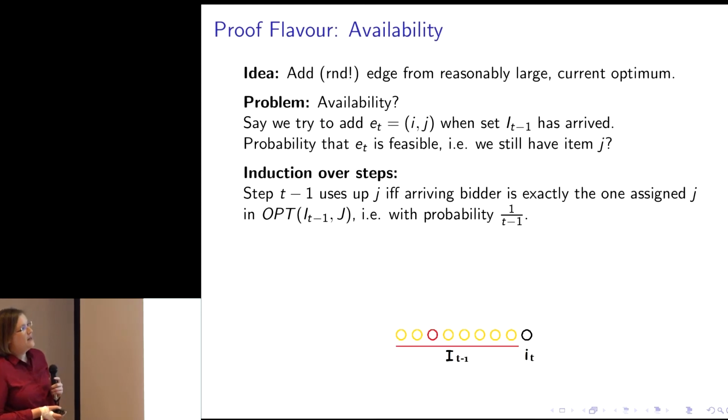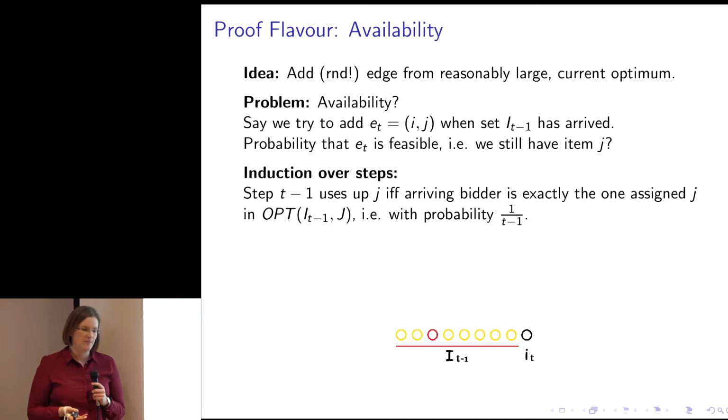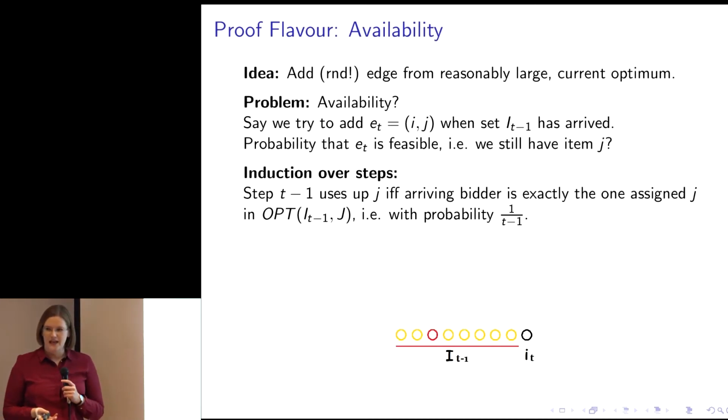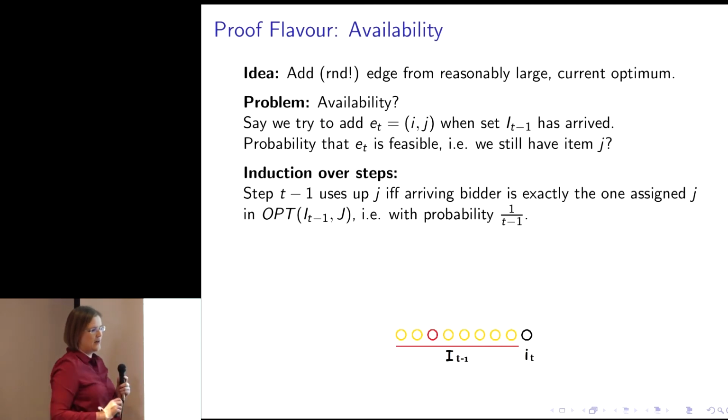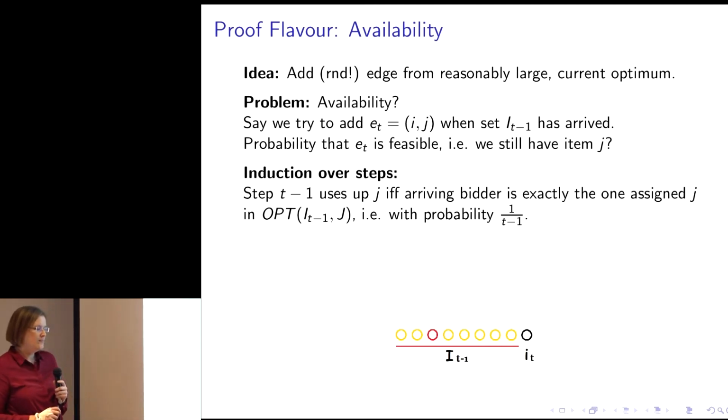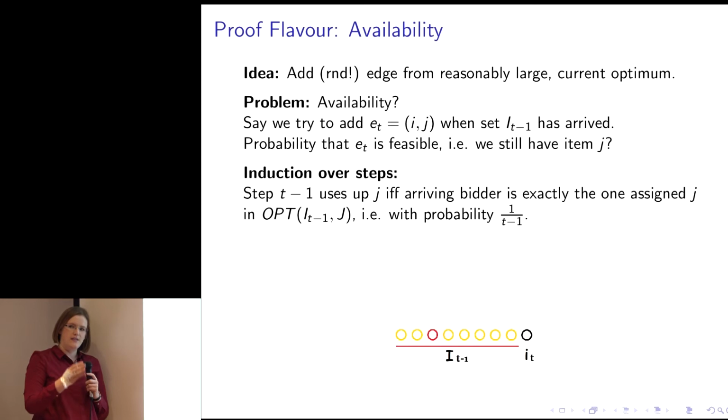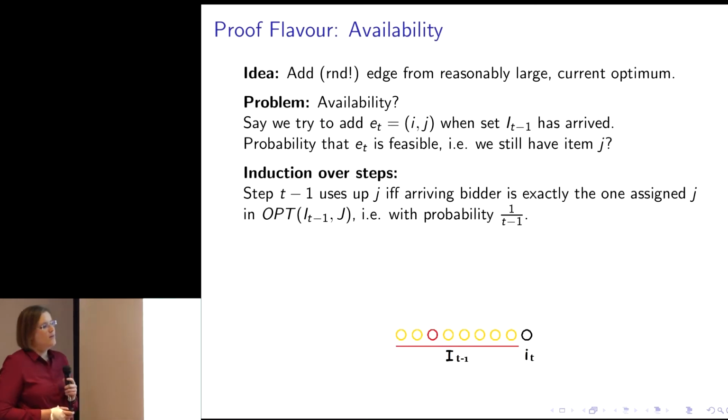So we want to find the probability that when we are in this situation and we want to assign an item j, it's actually still there, and we can. So let's look at these circles down there. We are in step t. And let's go backwards through time and see what has happened. Now, what is the probability that we have given the item away just a step before, in t-1? Well, what have we done?